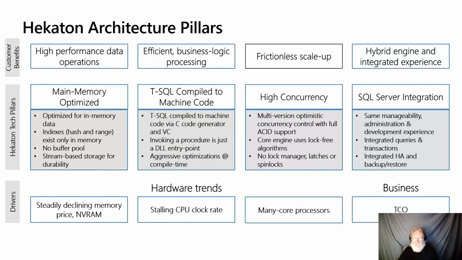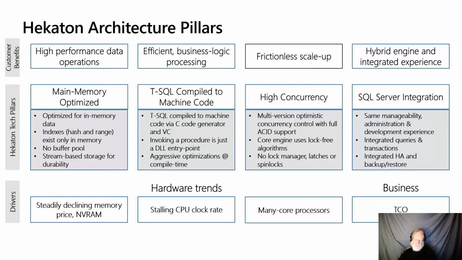Frictionless scale-up is facilitated by high concurrency. Within Hekaton, we use multi-version optimistic concurrency control with full ACID support. So we have the same ACID guarantees, but by using multi-version concurrency control, much like snapshot isolation, we can get much higher concurrency here.